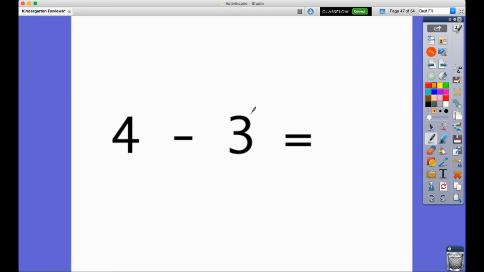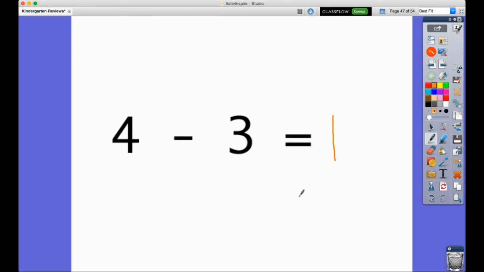For this one, you might have needed your fingers. You might have put up 4 fingers and taken away 3 fingers. How many fingers would I have left if I did that? 1. 4 minus 3 is 1.